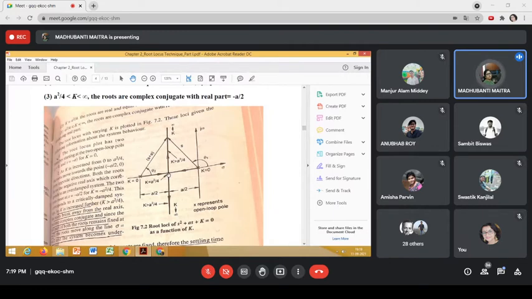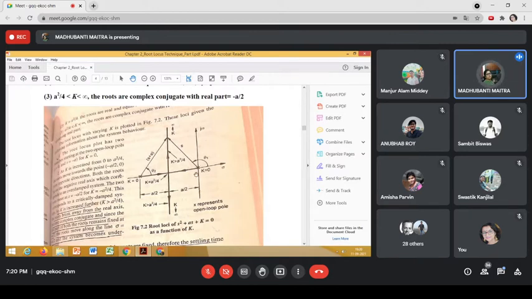And after that, if we increase the value of gain k further, so if the value of gain k exceeds this value a square by 4, these two loci will break away from each other, and the locus of one root will be like this, and the locus of the other root will be like this, and this line will be a straight line parallel to the imaginary axis.